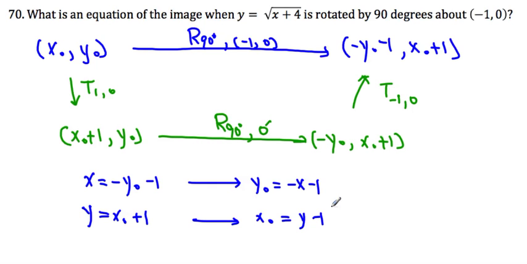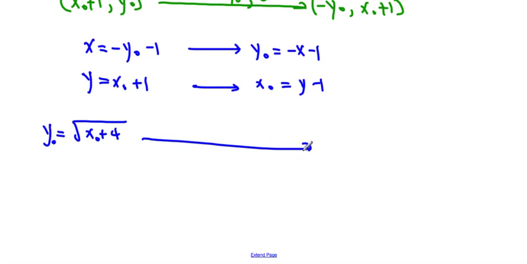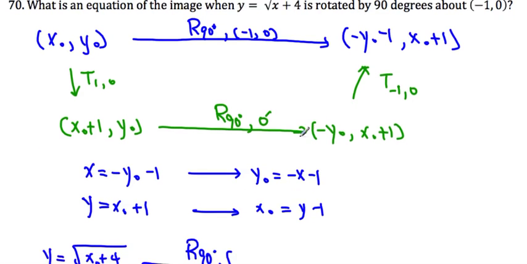Alright. In this case, our equation was y equals square root of x plus 4. Since this is the original, I can call it y naught equals square root of x naught plus 4, and it will go through the rotation of 90 degrees about (negative 1, 0).